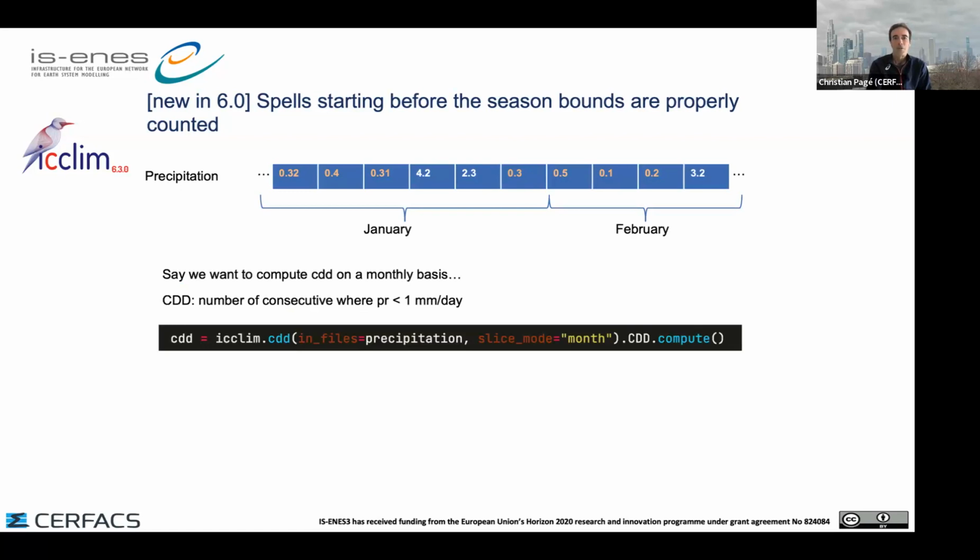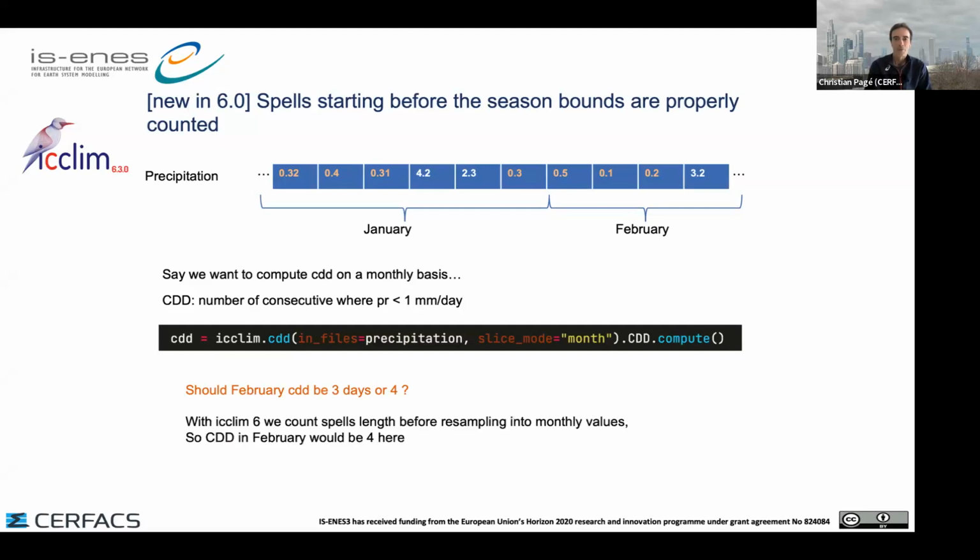If we want to compute CDD, consecutive dry days, we count the number of days with less than 1 millimeter per day. We could ask ourselves whether CDD in February should be 3 days or 4, depending on how you compute those spells. As agreed with the community, we now count spell lengths before resampling into monthly values. So CDD in February should be 4 here. This is a change from version 5.